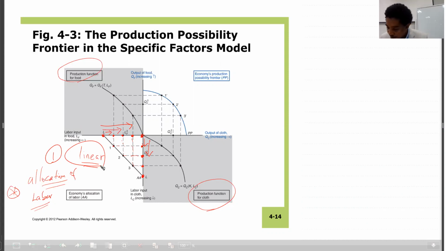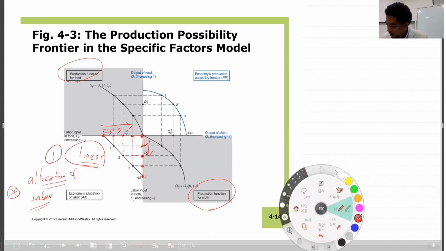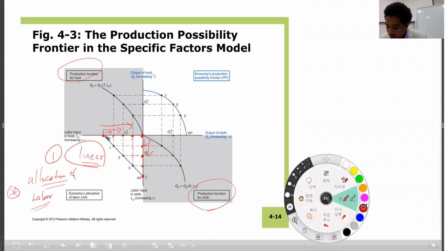From here, for example, when the labor amount is decreased from this to this, the equivalent point in the production possibility frontier will be here, and the production quantity will be here.